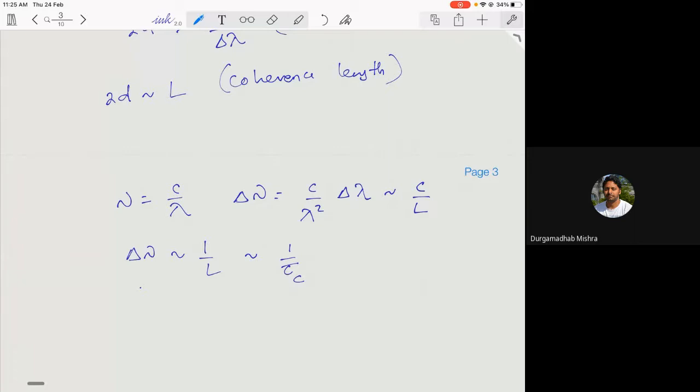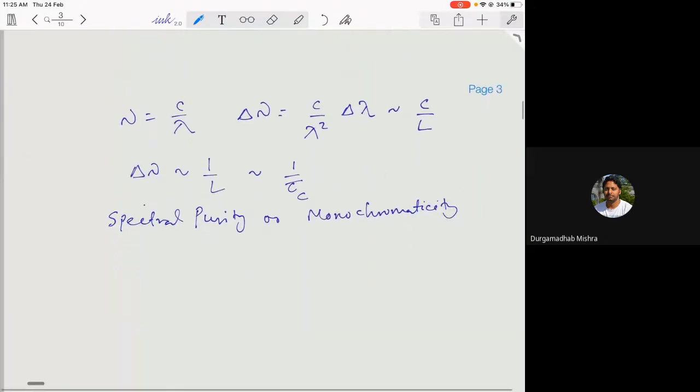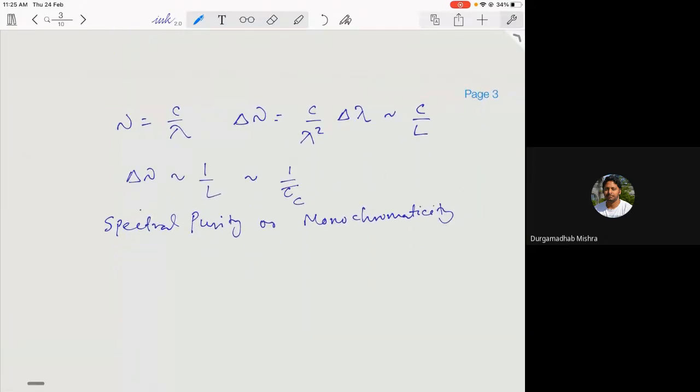So you can define the spectral purity or monochromaticity using this. There is another coherence we also discussed when we talked about coherent sources, that is known as the spatial coherence. The first one is the temporal coherence or longitudinal coherence.